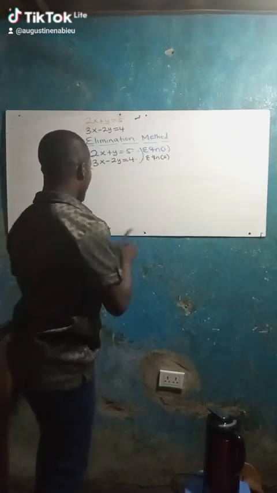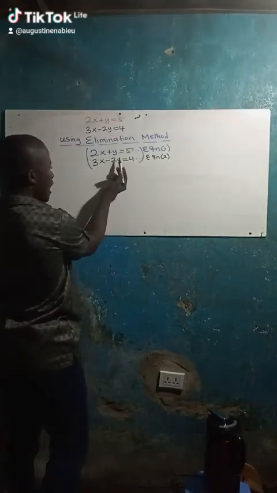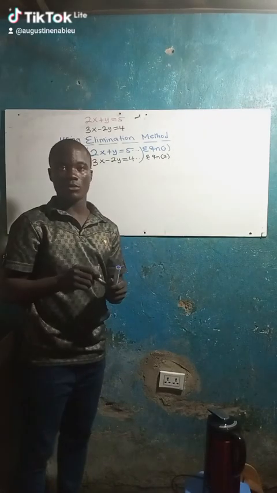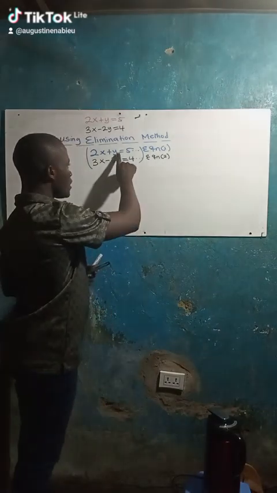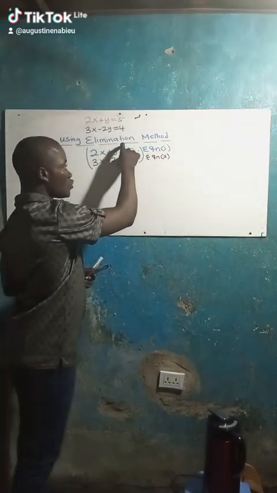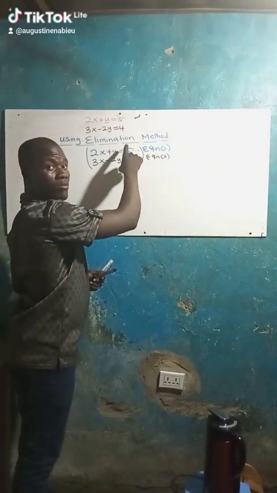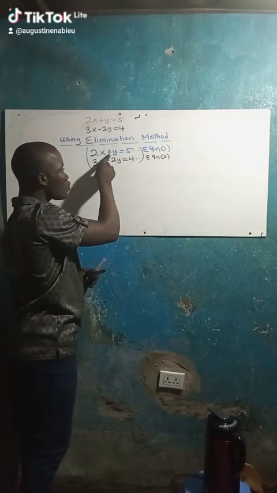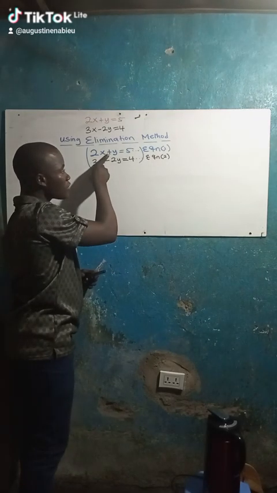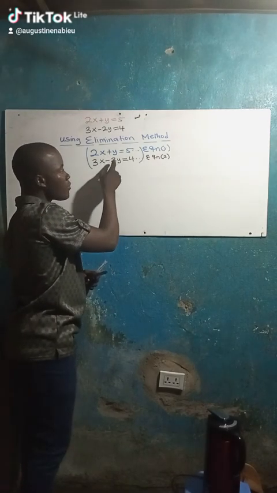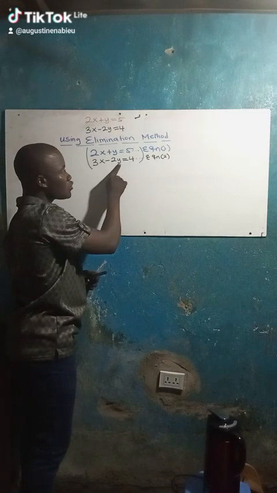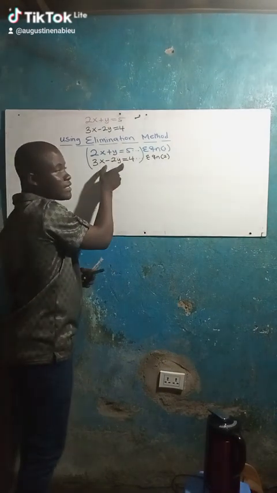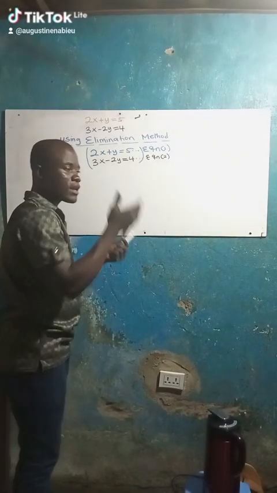Now, I'm going to look for a number, because I want to eliminate y from the two equations. But I cannot eliminate y like this. I have opposite signs, positive and negative, but I have 2y, negative 2y, and positive y. So I cannot eliminate y in this condition. So what can I do?